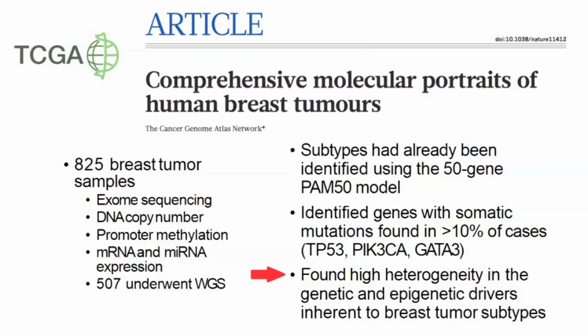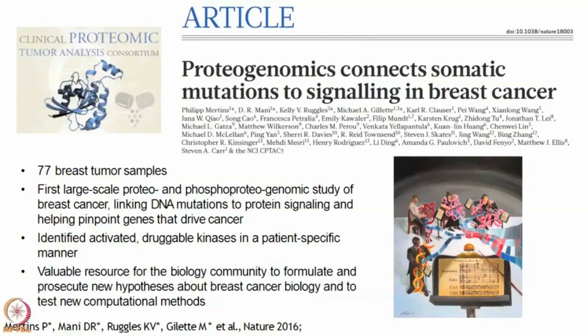So then last year, we published a paper that looked at a subset of these tumors, 77 of these tumors, at the protein and phosphoprotein level. And this is the paper. This paper really looked at how the DNA mutations and protein signaling were connected.